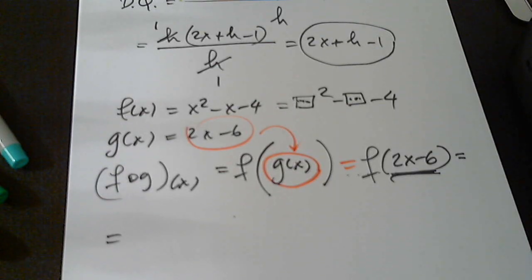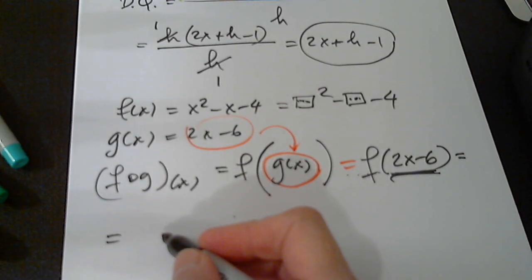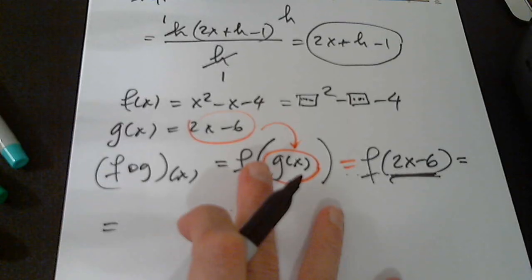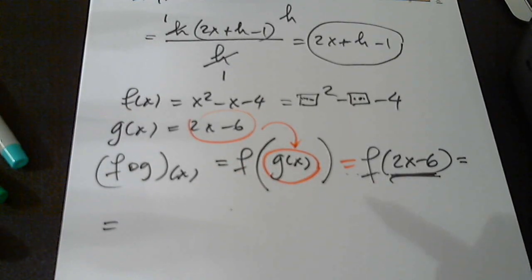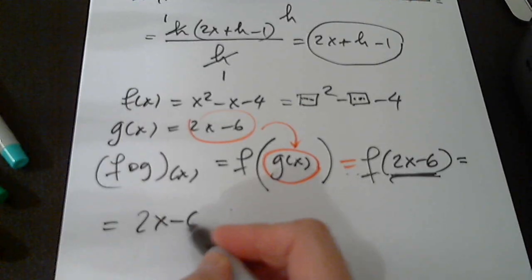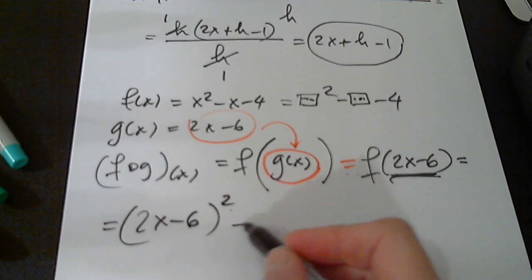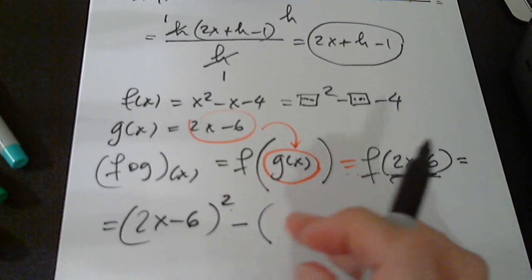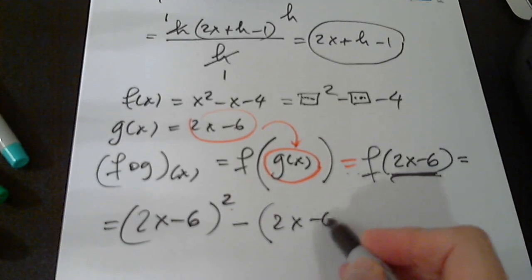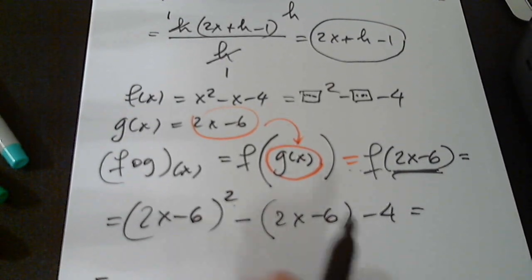What do I have to write first? What is the first step? 2x minus 6 squared. Very good. Minus 2x minus 6, parentheses. Yes, minus minus 4. Excellent.